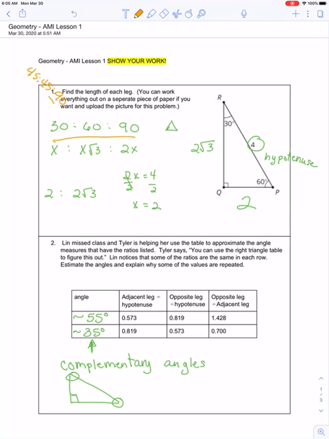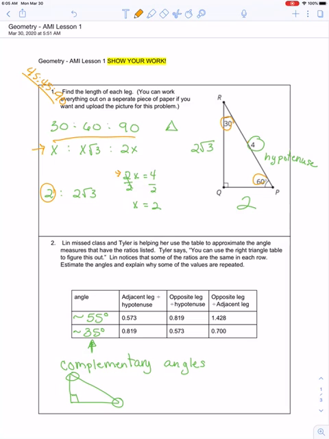Okay. So for this one, if you notice, it's a 30, 60, 90 here. As soon as you see that 30, 60, 90, go ahead and write out this ratio: x, x square root 3, and 2x. 2x, your longest side, is always your hypotenuse, which is what's given to us here. So I set my 2x equal to 4, found my x, which was my short side.